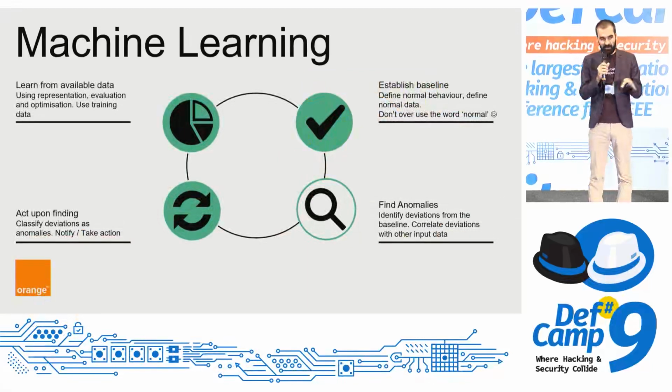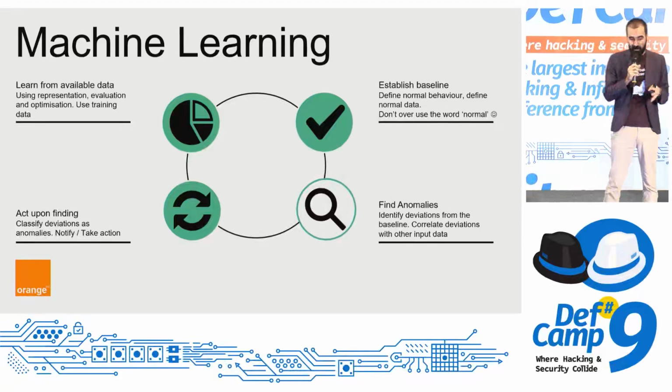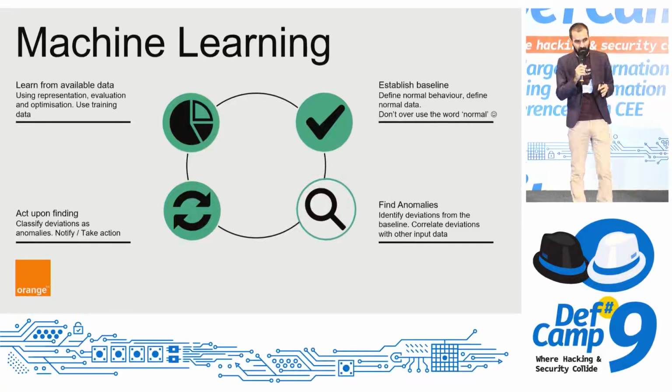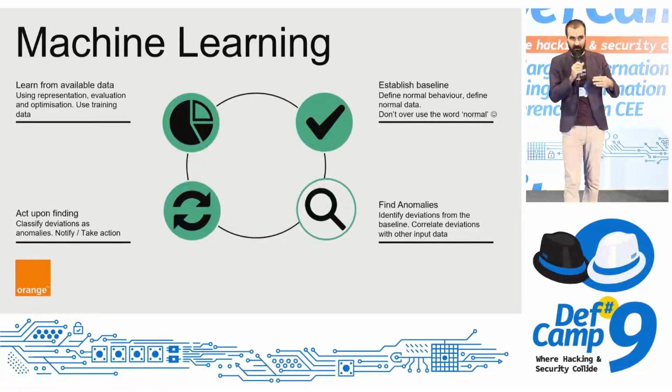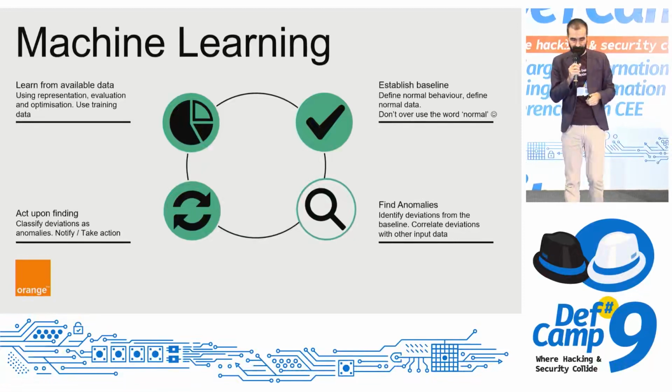What does machine learning for cybersecurity do? What is it good for? Well, it allows you to learn from available data by using representation, evaluation, and optimization. It allows you to train your machines to act by creating a baseline and observing in a timeline how specific inputs go above or below that baseline.